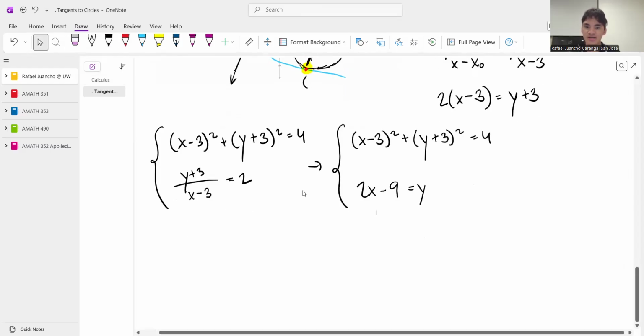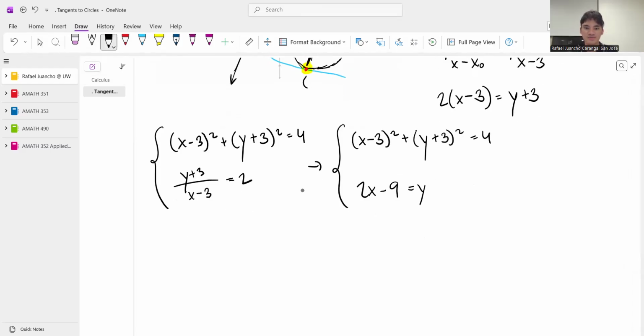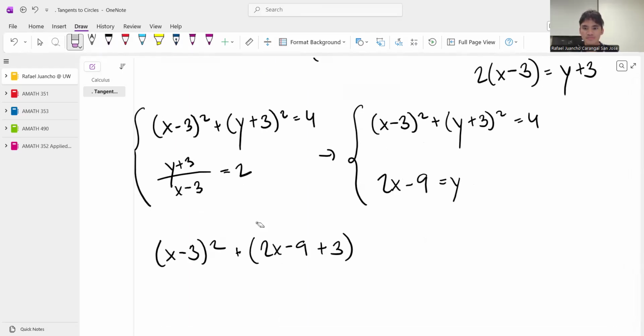So from there, I can plug in my y. So I would get x minus 3 squared plus 2x minus 9 plus 3 squared. So here I plugged in y. Nice, the square is 4.